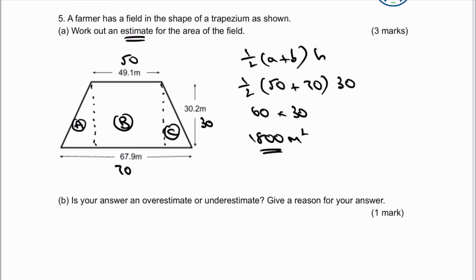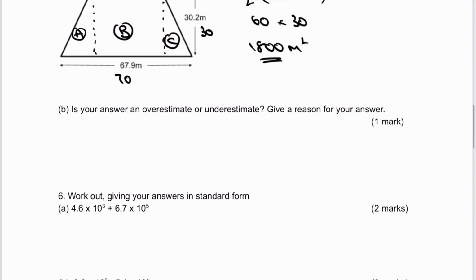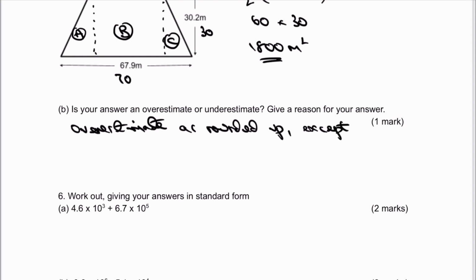The reason for that is because effectively I've rounded up except for the height, which I've rounded down slightly. Okay, so I'd write that as an overestimate. And then if I wanted to put some kind of additional sentence in there, I would put as rounded up, except 30.2, which is rounded down slightly.